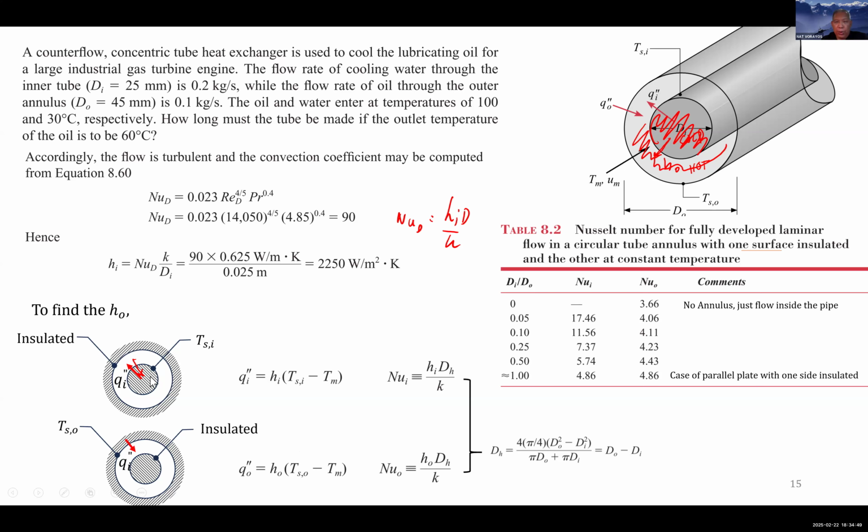So in this setup, you have to find the Nu_i. This is your Nu_i. Okay, and you can find the h_i. And the h_i from the table is going to be your h_o, to be used for U equal to 1 over h_i plus 1 over h_o.